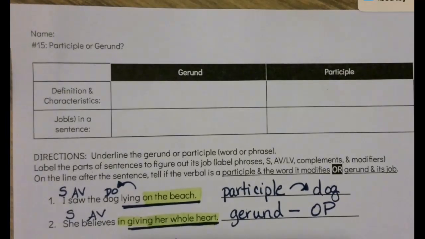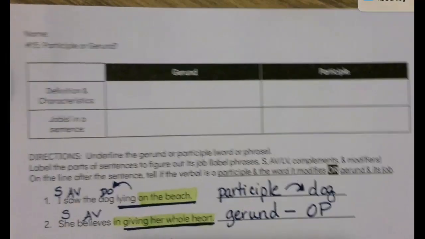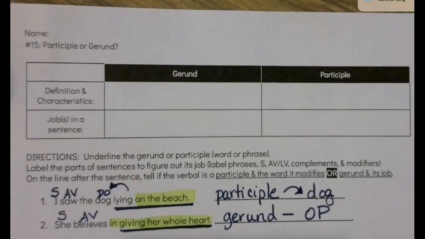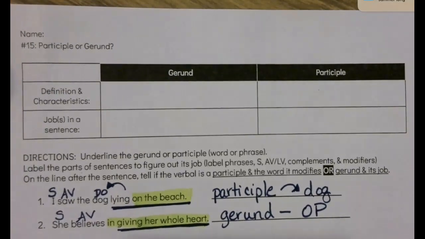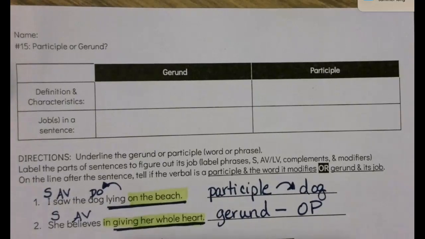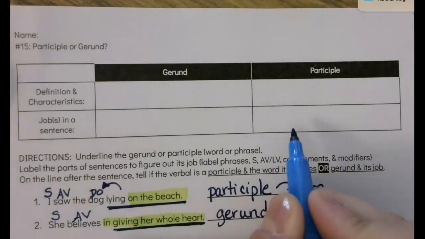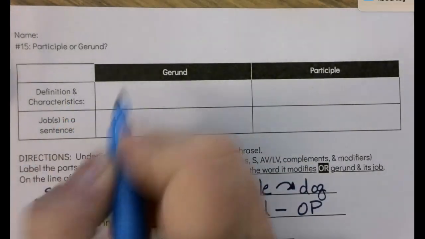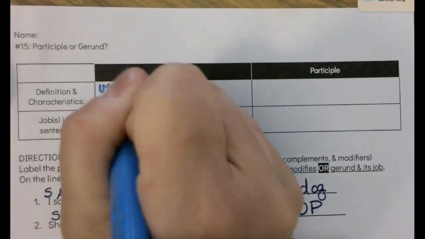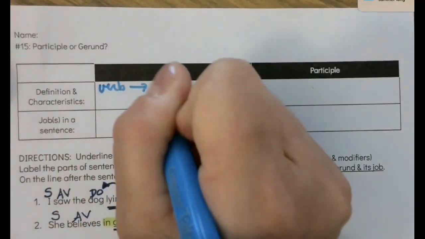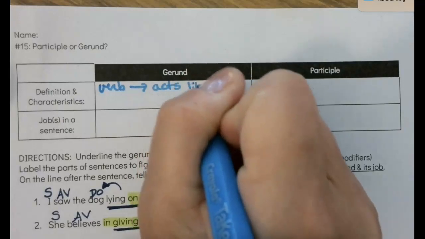Task number 15, we started together in class, but it might be a good idea for us to do a quick review. Your job is to complete the top of the chart when we talk about what is a gerund versus a participle. So a gerund, by definition, is a verb that acts like a noun.